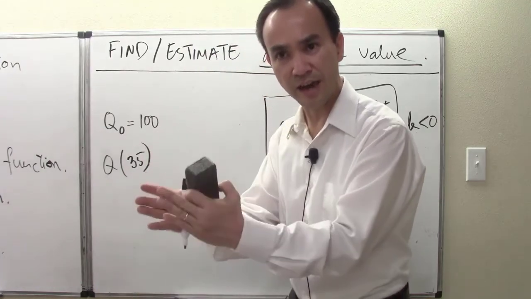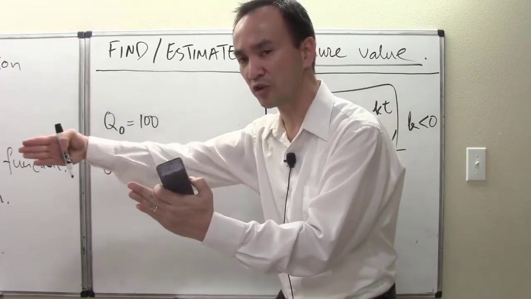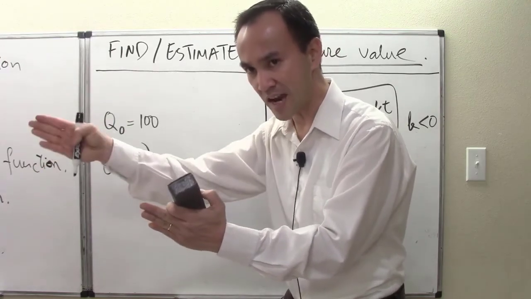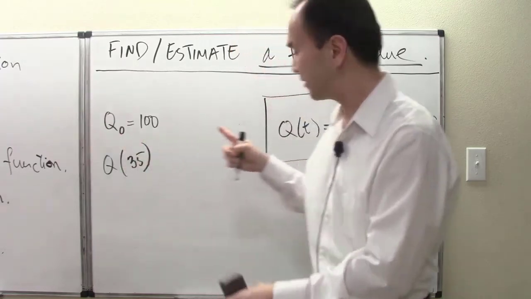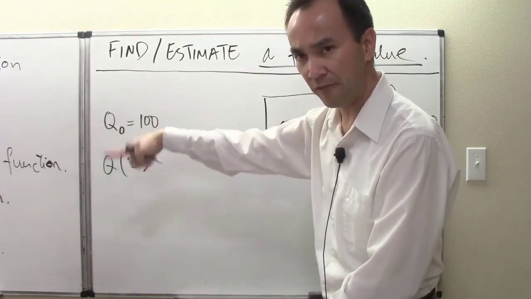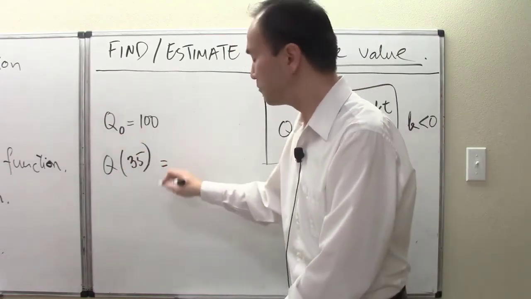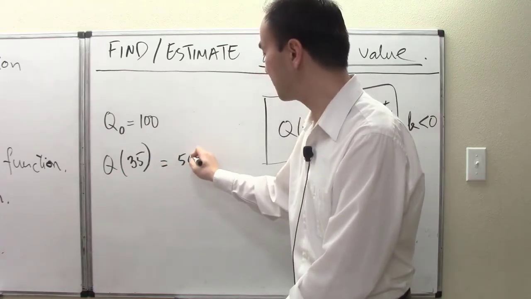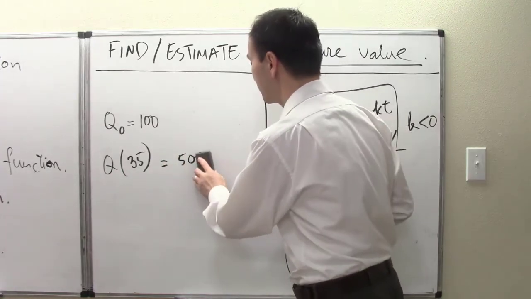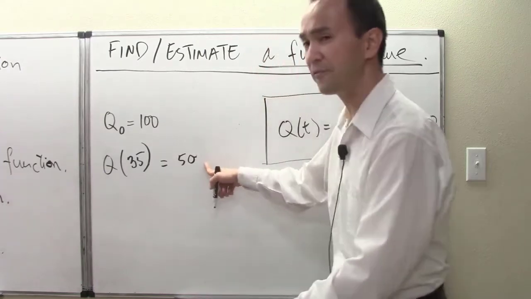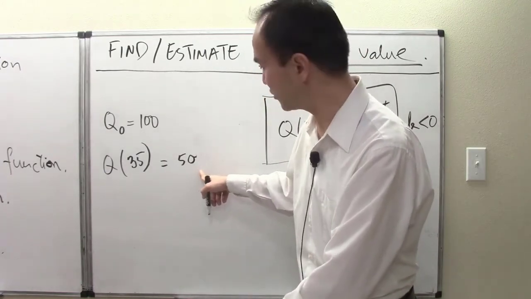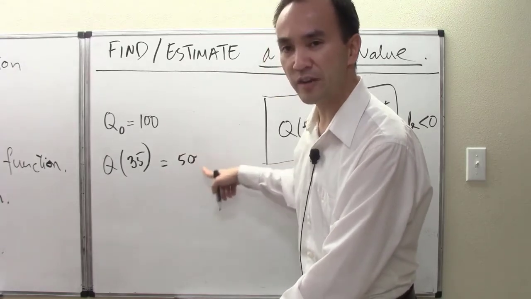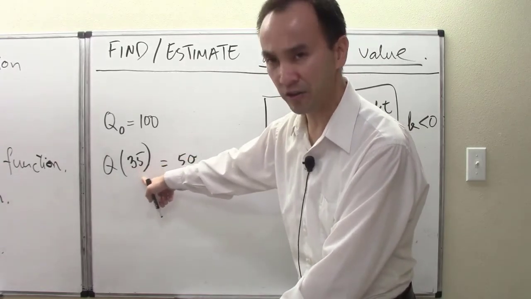It's a decay process, so of course as time goes on we're losing. Right at 35 hours after the initial amount, 50 milligrams remain. This is a future value already given to us, whatever value came out after 35 hours.